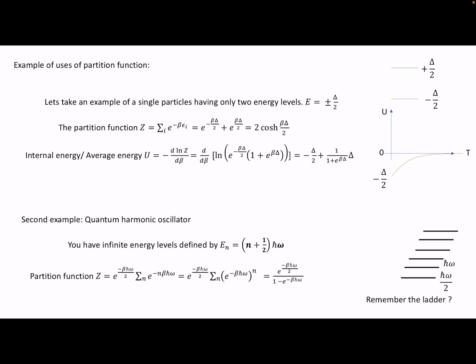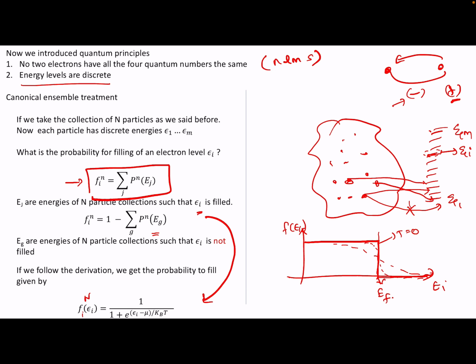Now let us do some worked out examples for the uses of the partition function. This is important because as we go through this derivation, we will also see what happens if you are allowed to fill more than one electron per state. One has to look back here.